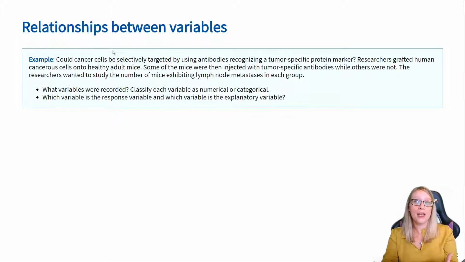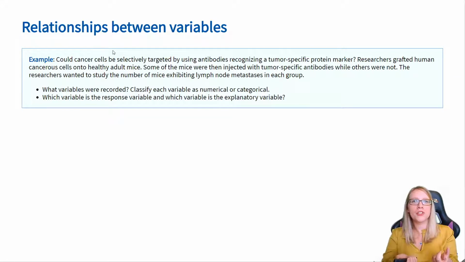So for example, if we'd like to know whether or not cancer cells can be selectively targeted using antibodies that look for a specific protein marker found in tumors, we might do something like this. So researchers in this study grafted human cancerous cells onto healthy adult mice. Some of the mice were then injected with this tumor-specific antibody, others were not.